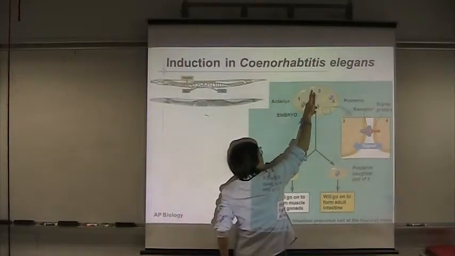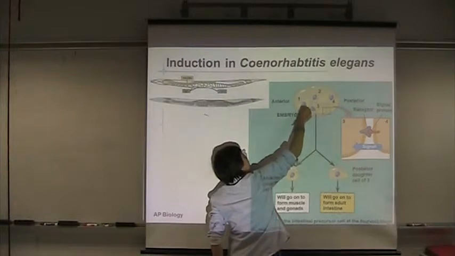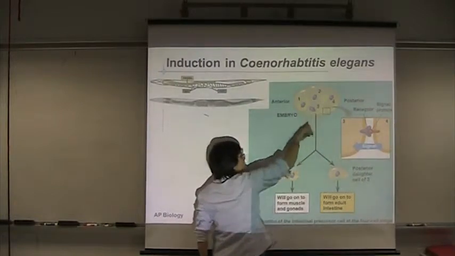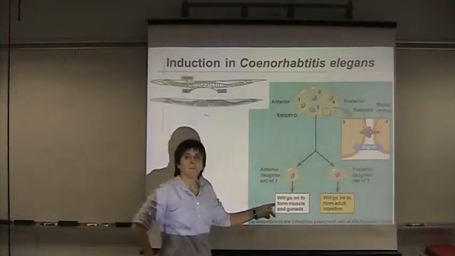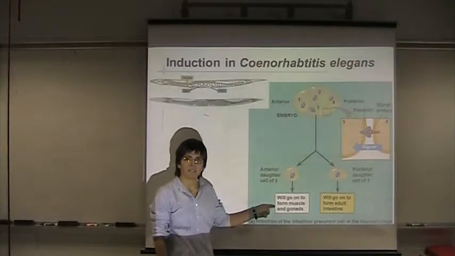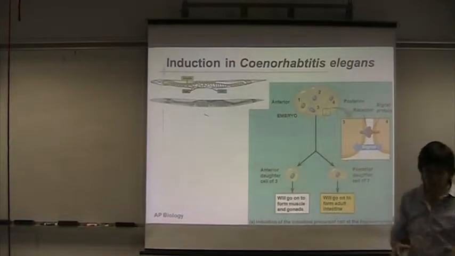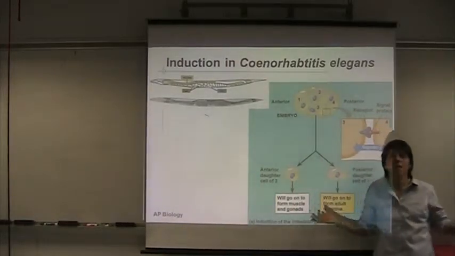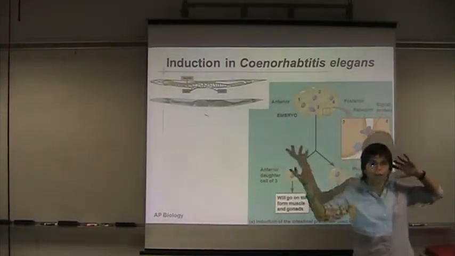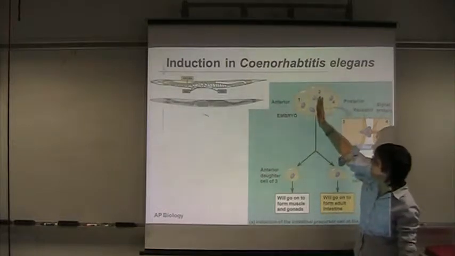When 3 divides again, the part that was farther away from 4 is going to become muscle and gonad cells. I find this totally fascinating, that depending on where you are determines your fate, because you are receiving stronger signals from here than there.